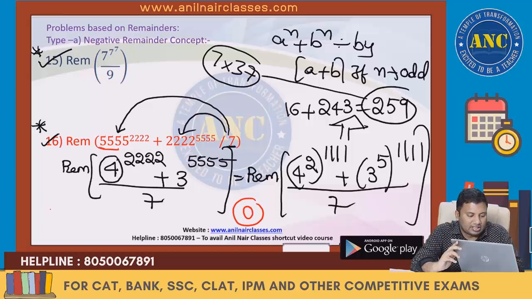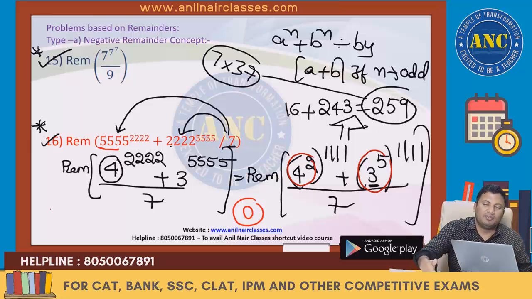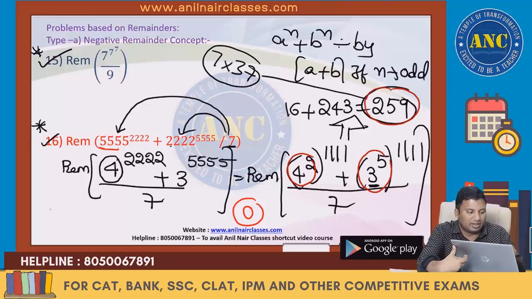Here, 7 threes are 21, 12, 7 ones are 7, 52, 7 sevens are 49, so 3. 4 square power 4 ones plus 3 power 5 power 4 ones. 4 square is 16, 3 power 5 is 243, and 16 plus 243 is 259. 259 is divisible by 7, a very important question. 7 into 37 is 259, so the answer is 0.